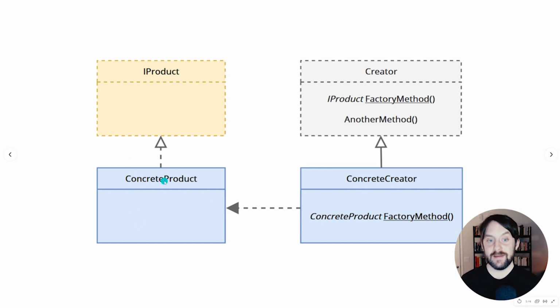And as we can see, the concrete products must implement iProduct, as the abstract class specifies for us. This is the overall relationship: an abstract class that has a factory method on it, a concrete implementation of that class, which returns concrete implementations of the products.